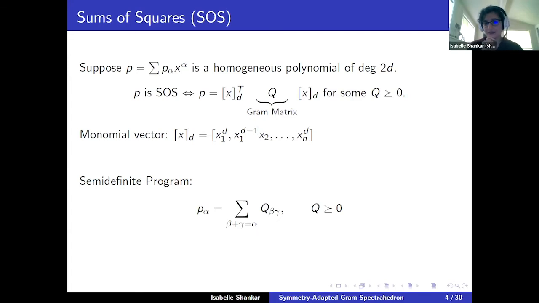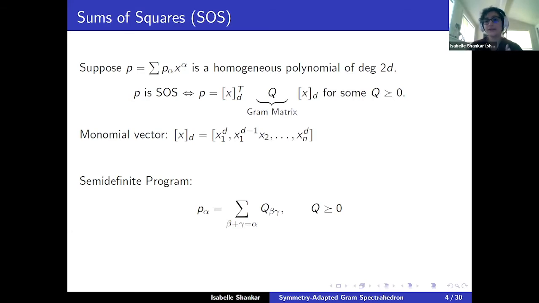Now, what this does is reduce the SOS problem to a semi-definite program, where essentially we're searching over the positive semi-definite cone. So we're searching for a matrix Q that's positive semi-definite, intersected with some affine subspace defined by the coefficients of the polynomial in the unknowns of our matrix Q. That's exactly a semi-definite program.